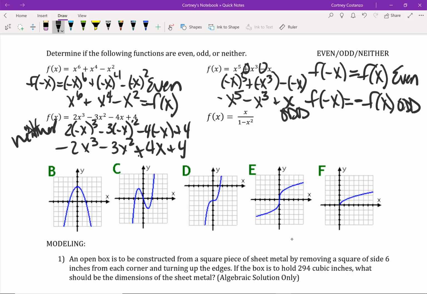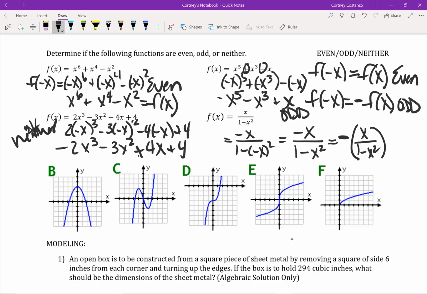And then this last one is probably the most interesting one of all of them, and the hardest to see. So the numerator becomes a negative x. The denominator stays a 1 minus x squared. This is technically the negation of the original problem and therefore makes it odd.